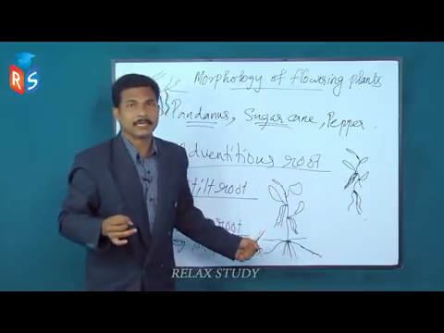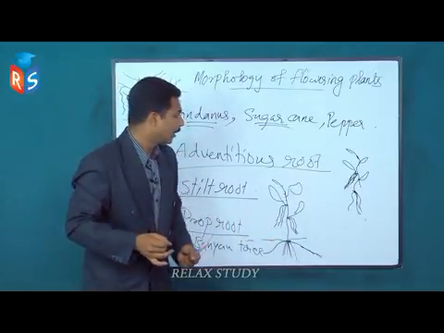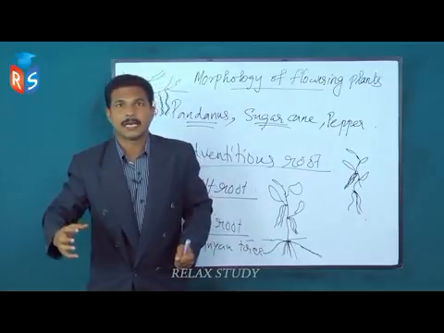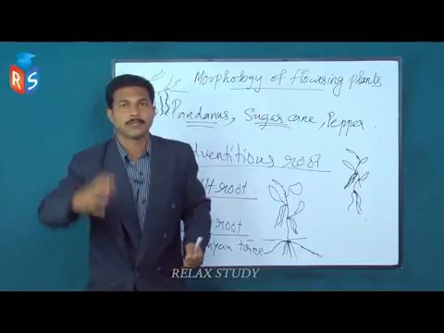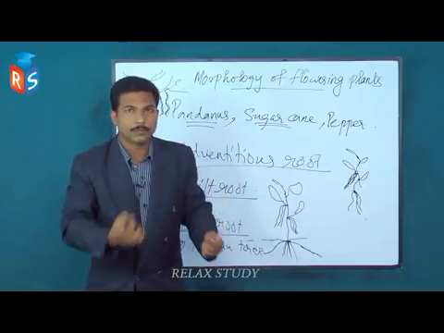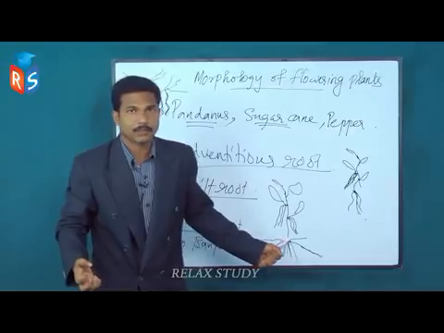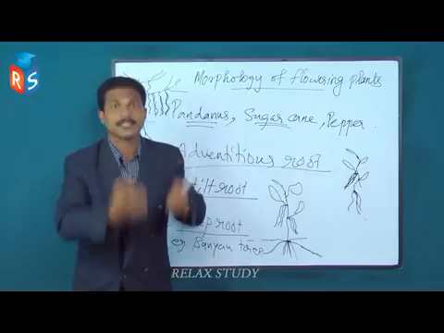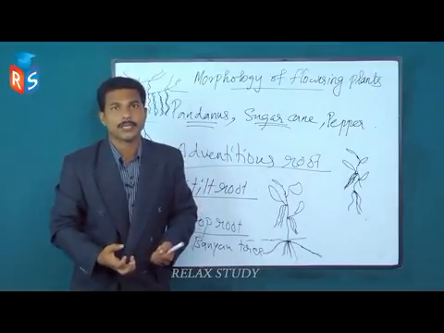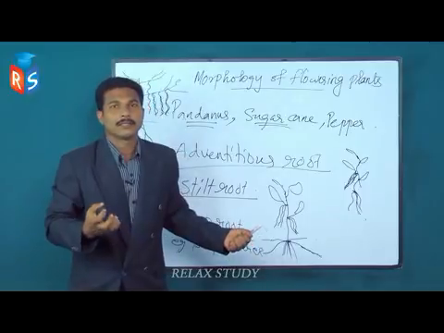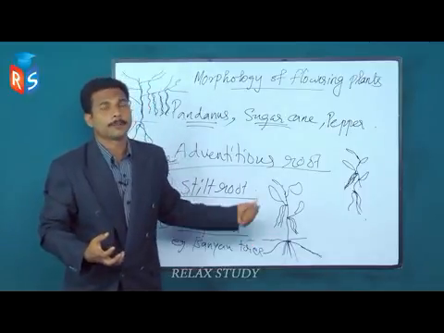Then the third function is anchorage and support of plants. Plants are held in the soil with the help of roots. Roots also hold the plant in the correct, upright position. So roots provide support and anchorage to the plants.